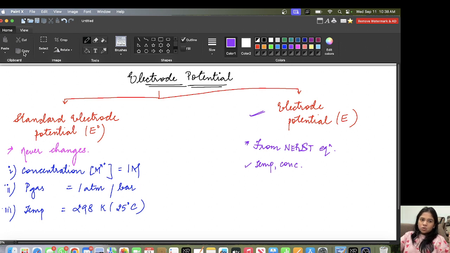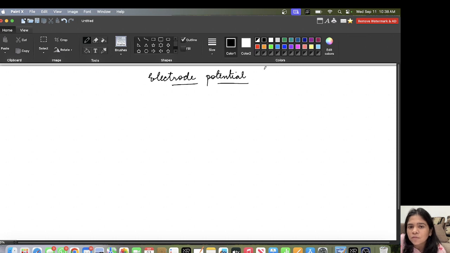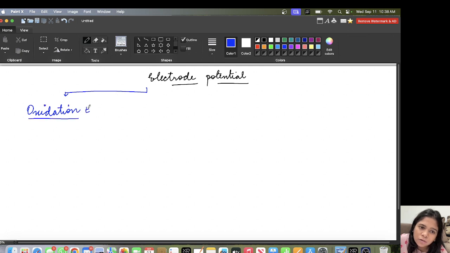Like you all know, we calculated electrode potential in two particular ways. First was oxidation electrode potential, and the second one which we were studying was reduction electrode potential.